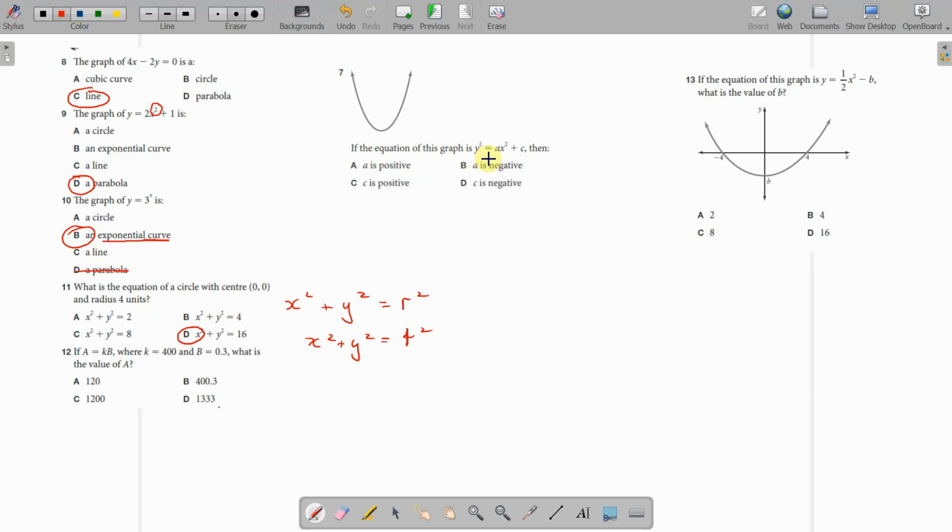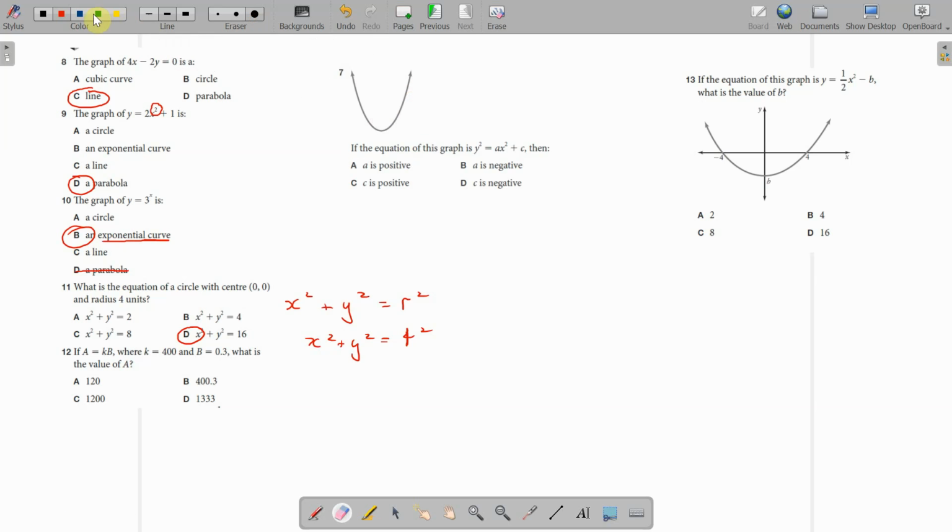The equation of this graph, y squared equals, that's a typo. That should be y equals a x squared plus c. Well, we've got no indication of where on the graph this is. It doesn't show that.